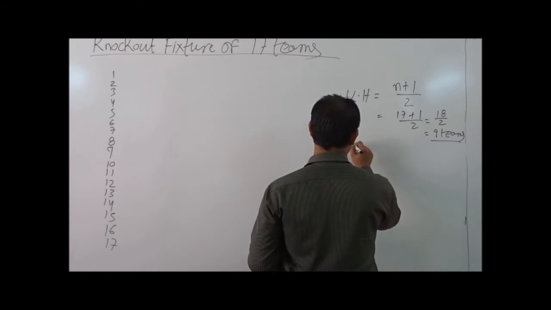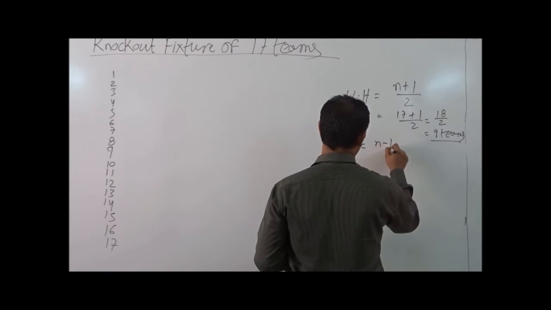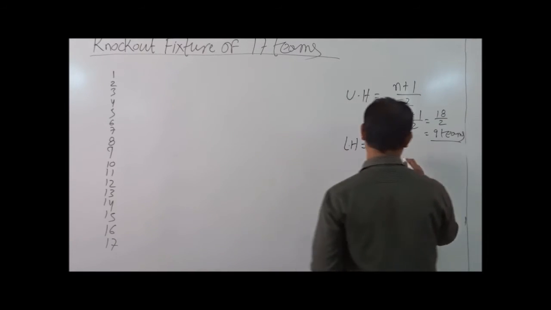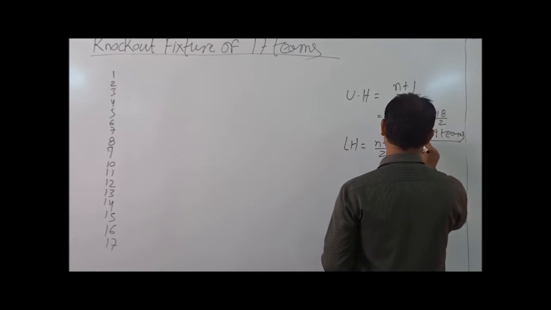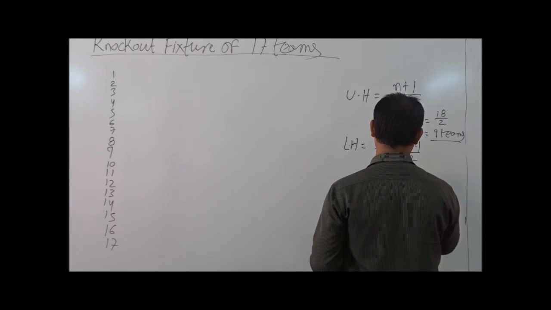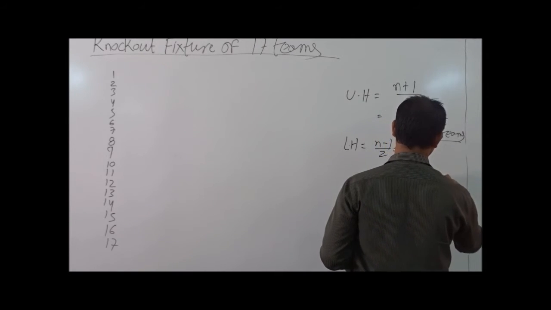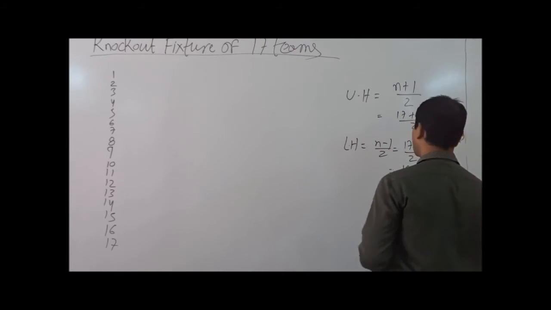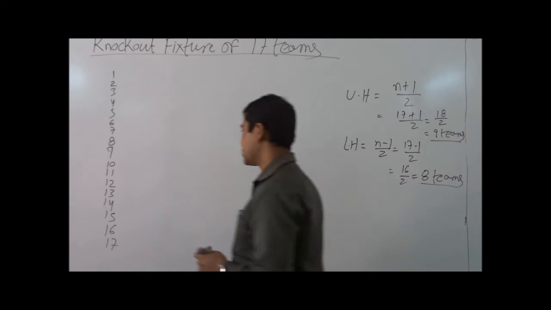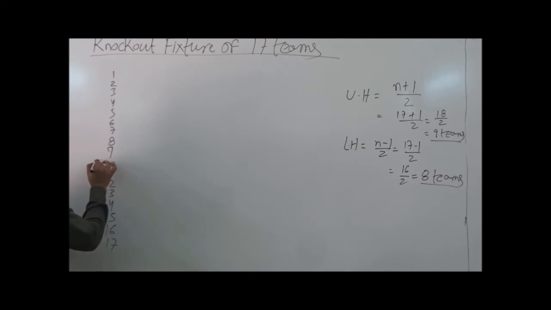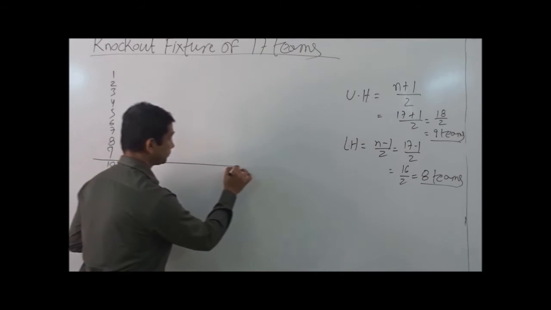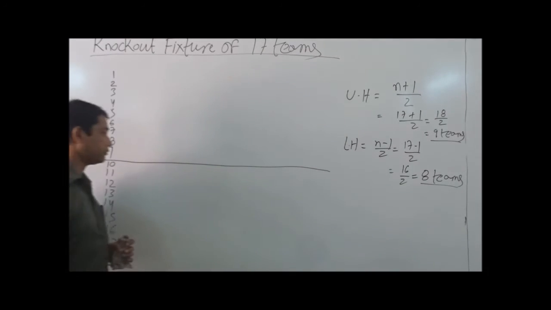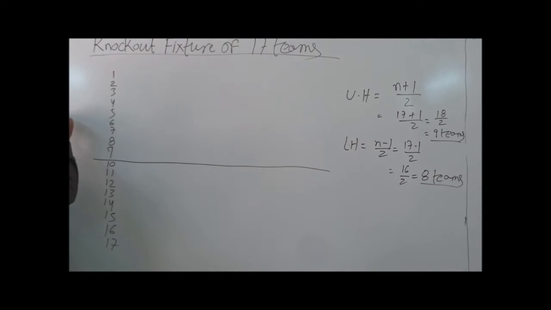For lower half, the formula would be n minus 1 upon 2, that stands 17 minus 1 upon 2, means 16 upon 2, means 8 teams in lower half. So just drag a line. Write down upper half, lower half.